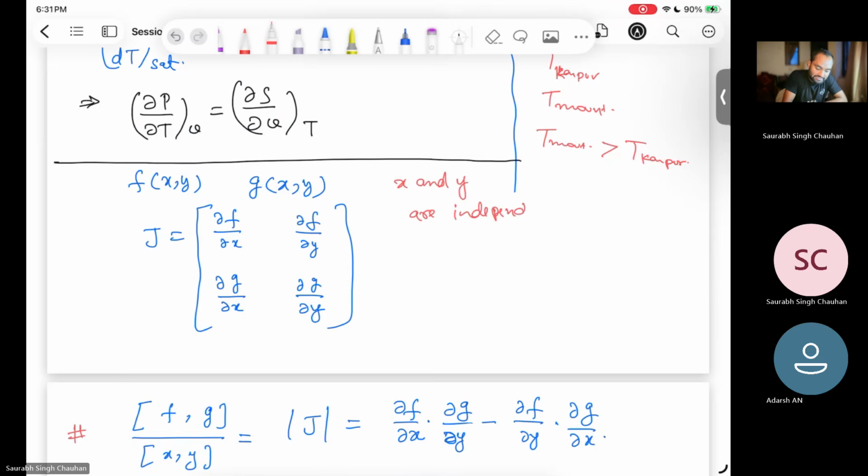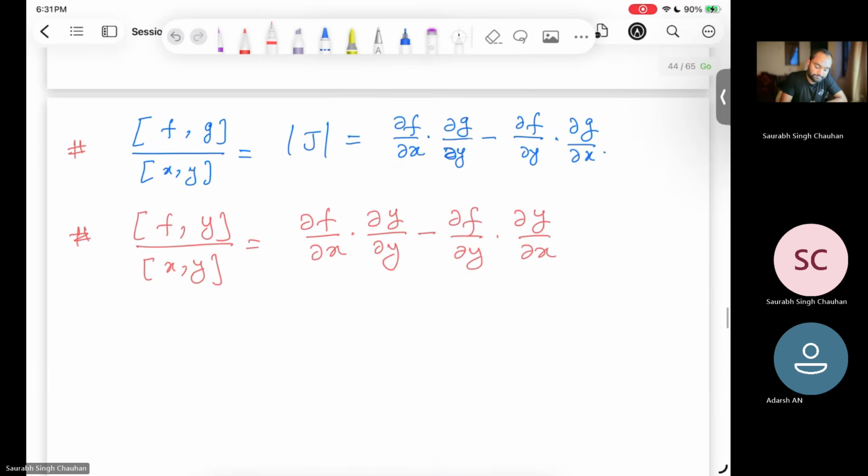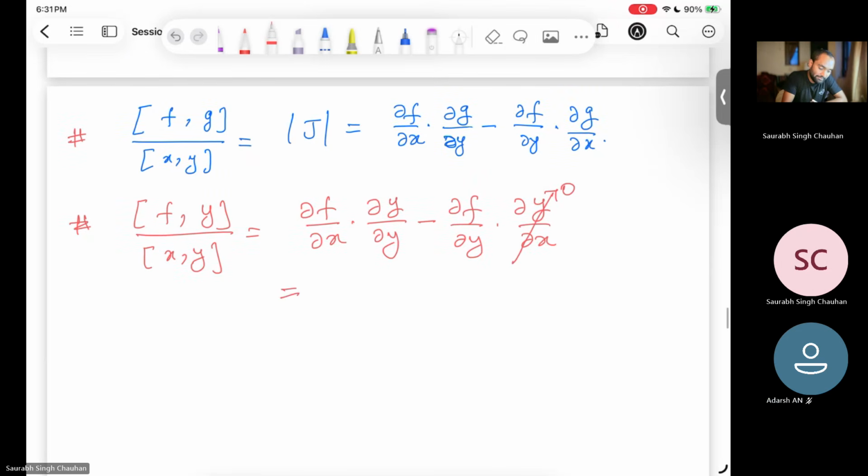So if x and y are independent, then partial derivative of any variable with respect to another will be 0. So this term will be 0. If I am not writing something, for example, if I am writing partial derivative of f with respect to x, then y is constant.